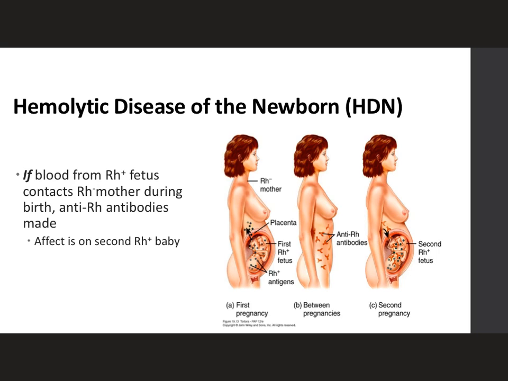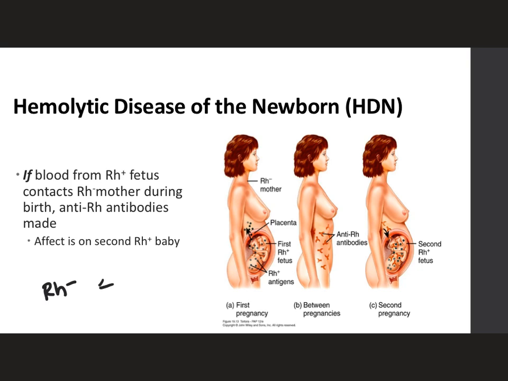However, if someone is Rh negative, they have the ability to make antibodies against Rh. That is because, remember, a person who is Rh negative does not have antigens on the cell's surface. So if they come into contact with the antigen, the body is going to recognize that as foreign and create antibodies against it.